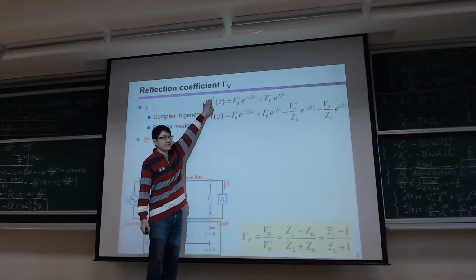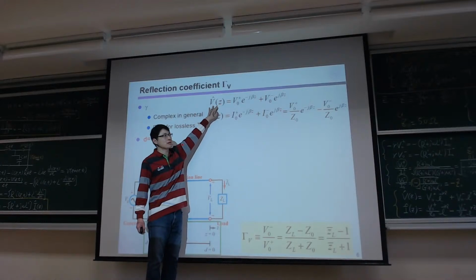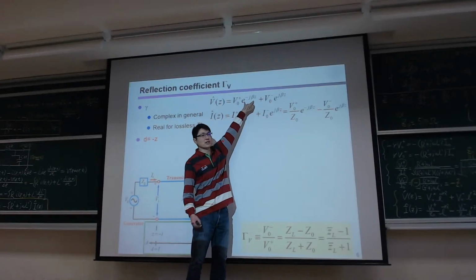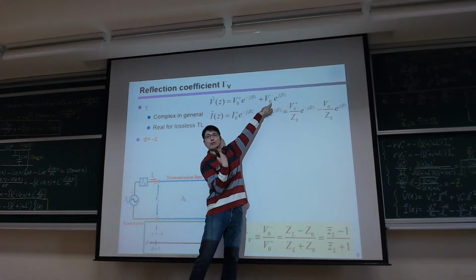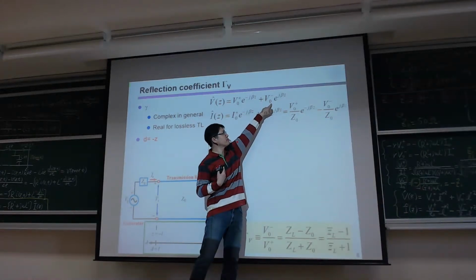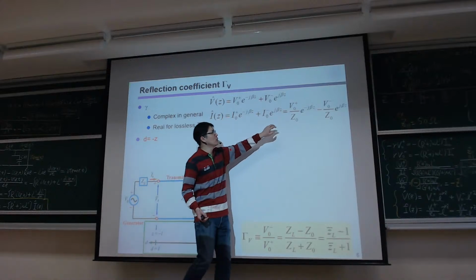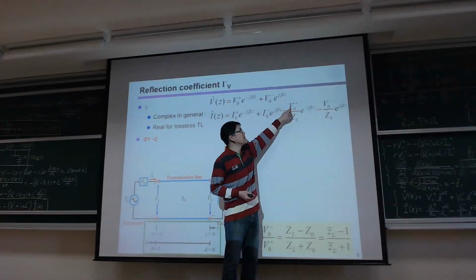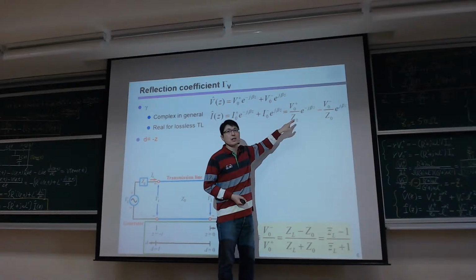So the voltage phasor with a hat as a function of space is having a positive propagating amplitude plus this propagation form plus a negative reflected wave, right? And the current, by now, we know that the current amplitude is nothing more than the voltage amplitude divided by the characteristic impedance.